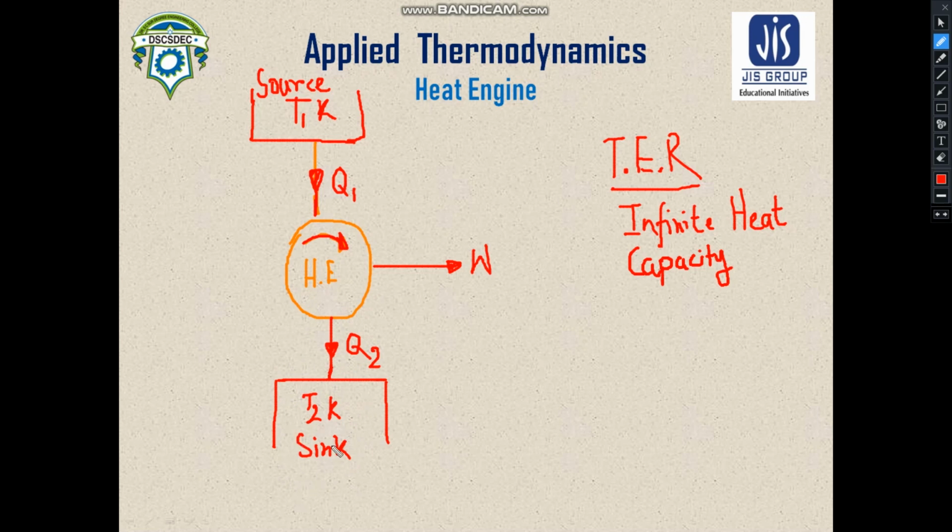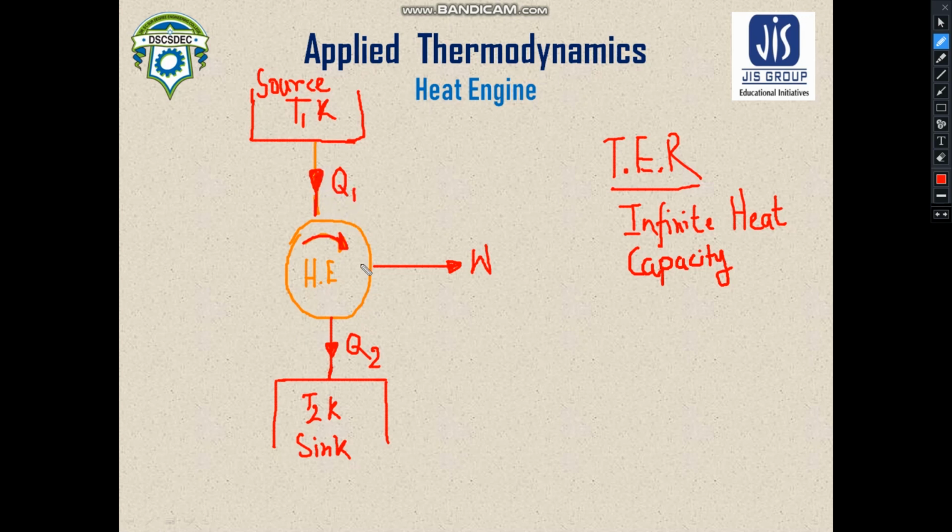Now the heat which is added to the sink does not change the temperature of the sink. Whenever heat is added to the low temperature reservoir, the temperature of the sink doesn't change. It remains invariant.